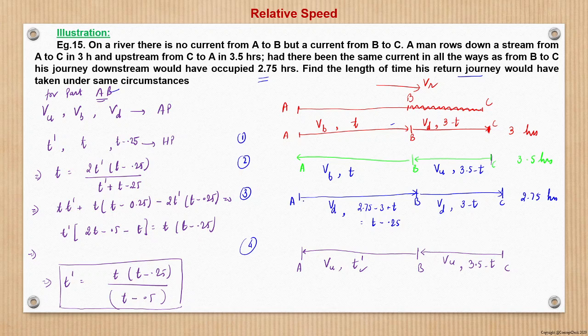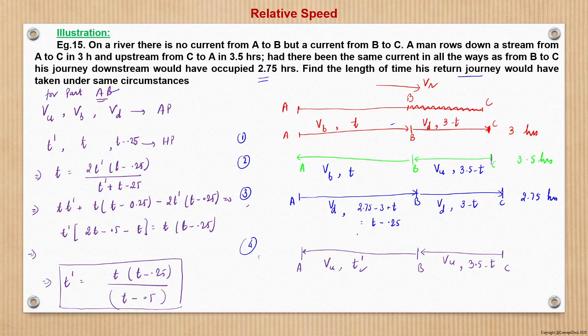In the third and the fourth case, the speed is VD, time is t minus 0.25. Here speed is VU, time is t dash. Here speed is VD, time 3 minus t. So in both the cases, I mean AB distance, here AB distance.